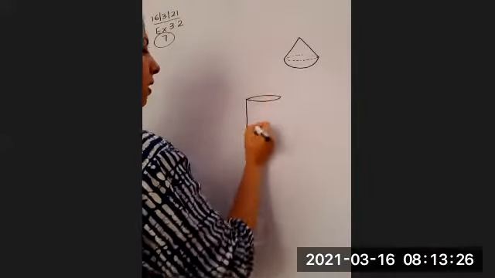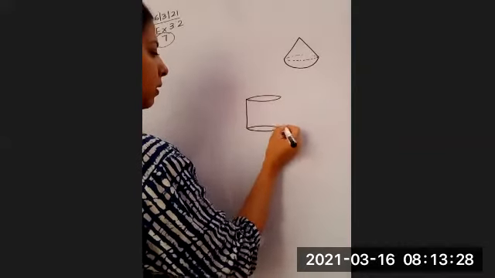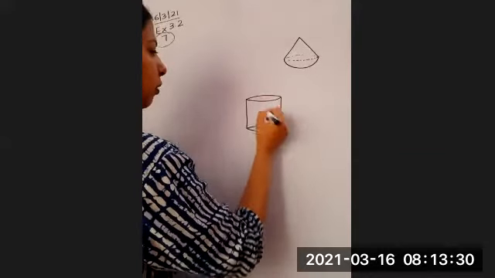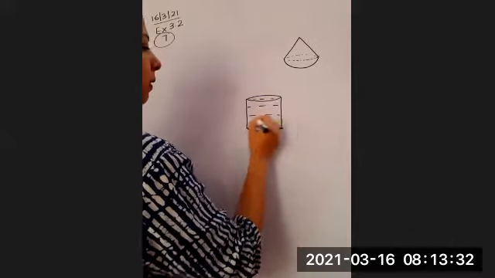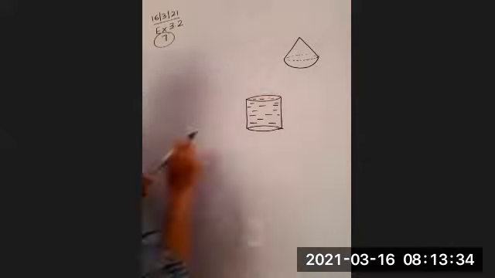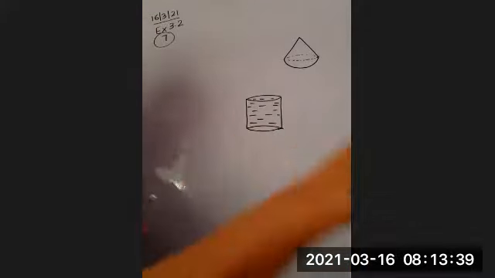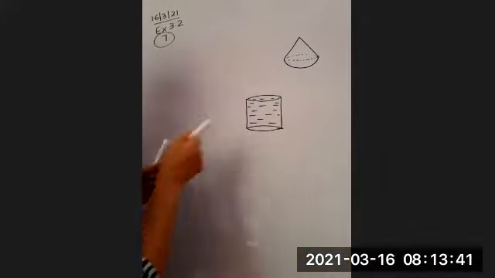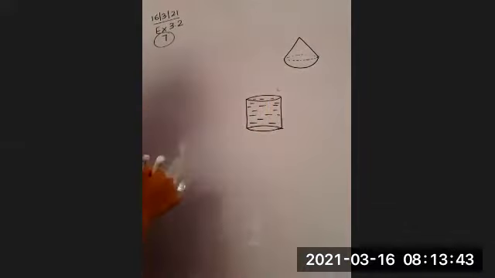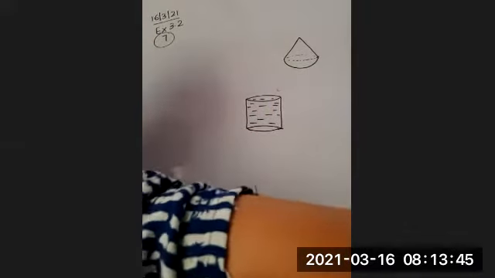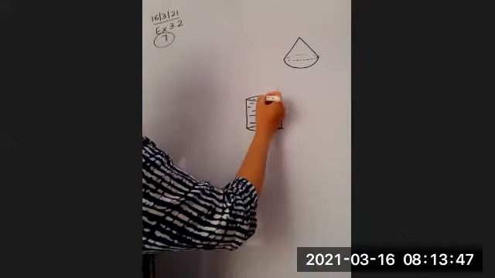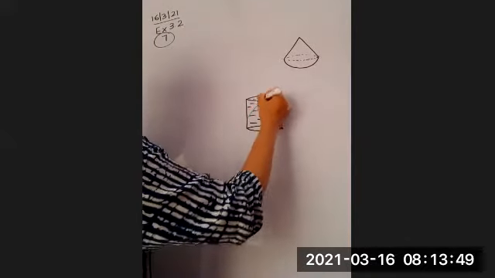So there is a cylinder, children, which is full of water. Now you're going to place this as it is, upright.